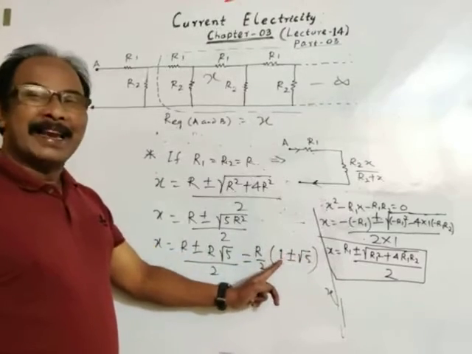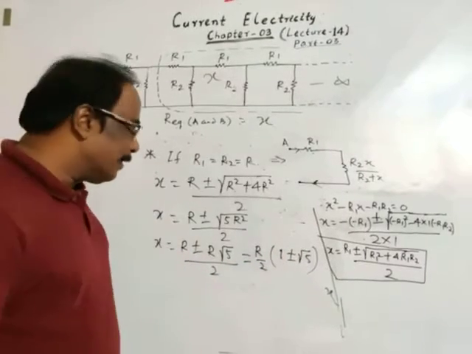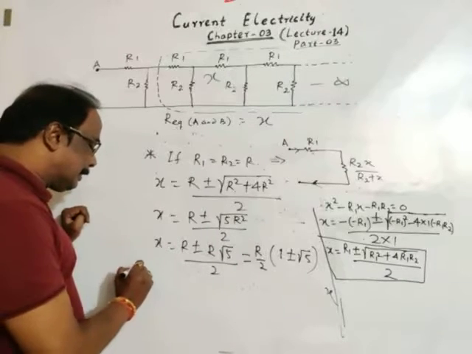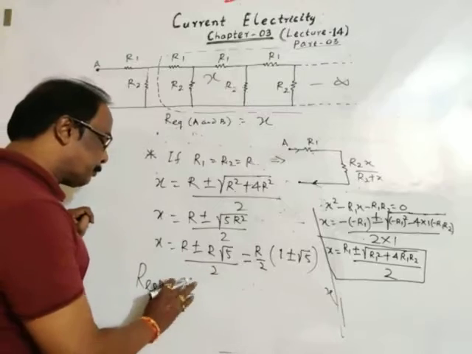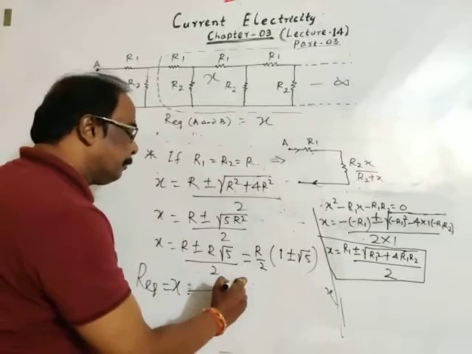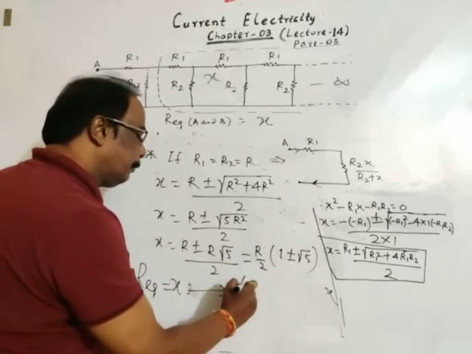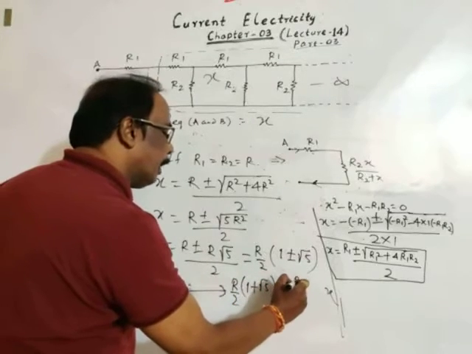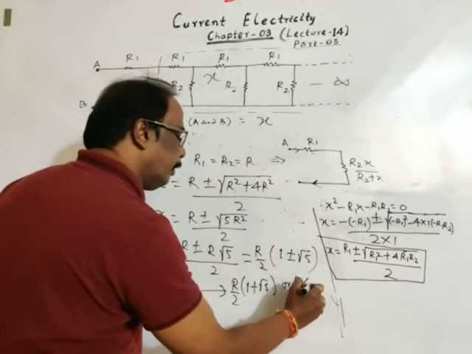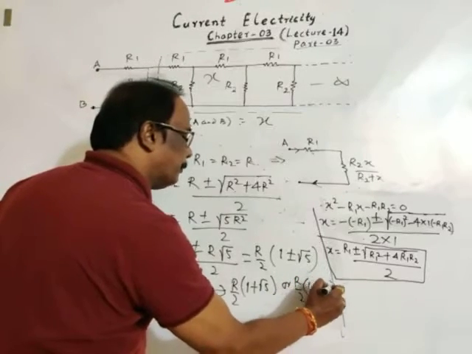So what are the possible answers? Equivalent resistance, R equivalent is equal to X, that is R by 2 into 1 plus root 5 or R by 2 into 1 minus root 5.